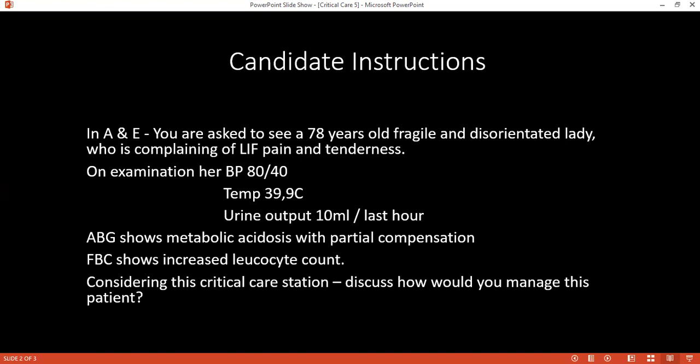Very good. Okay. Maybe the last question can be about the antimicrobials, which ones to be given. Would you wait for the cultures to come back? No, the patient is in sepsis, better to give the antibiotic in the first hour.